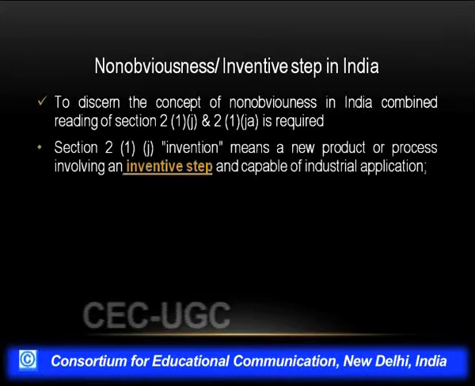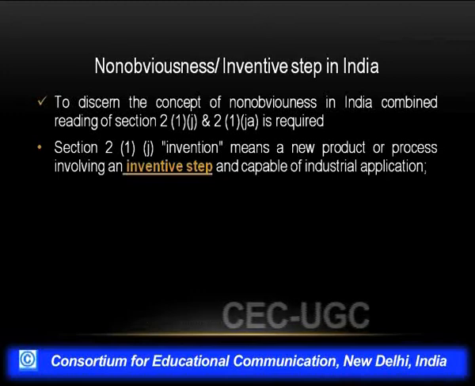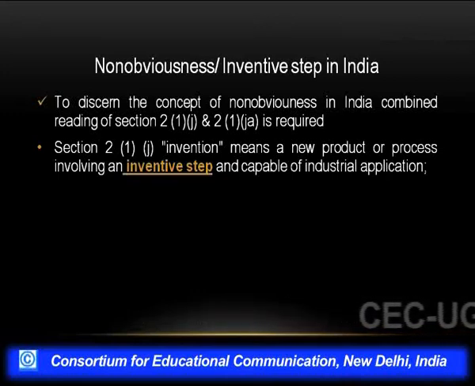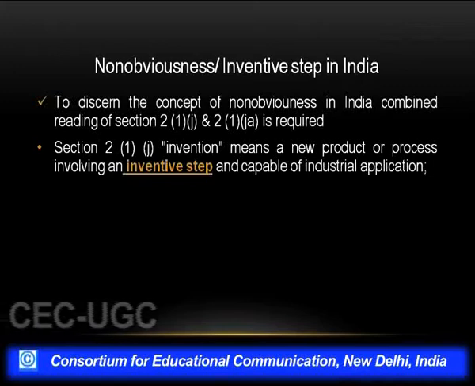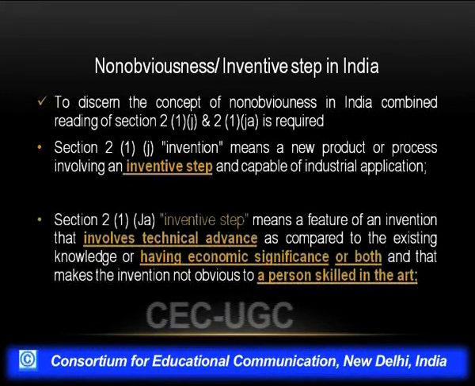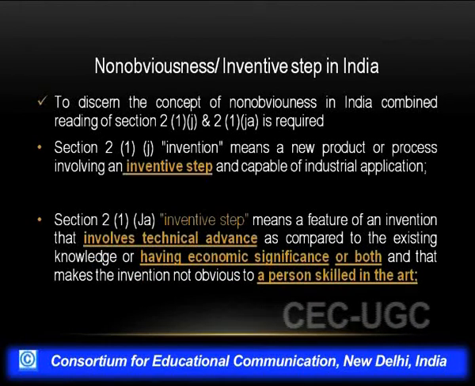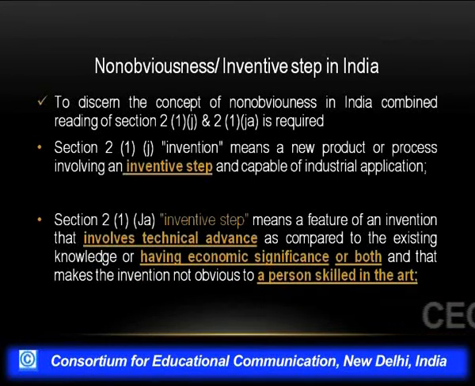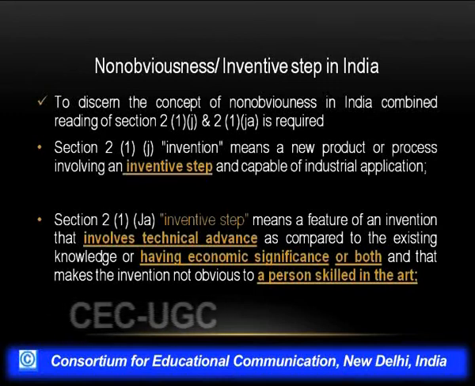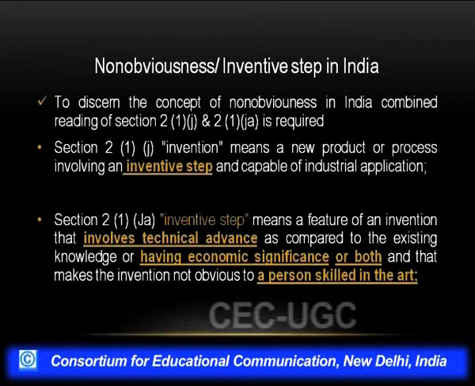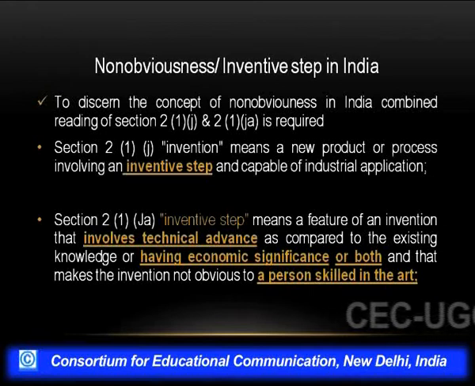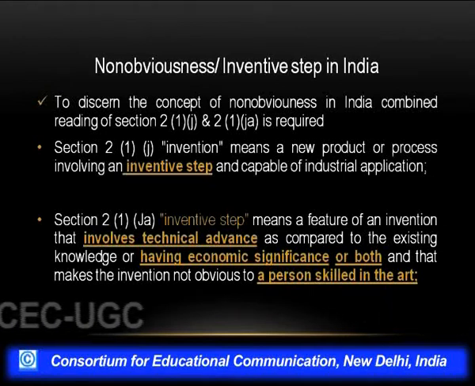As demarcated by me in a different color in this slide, inventive step is one of the requirements posed by section 21J, and this is further explained under section 21JA, which reads a feature of an invention involving a technical advance as compared to the existing knowledge or having economic significance or both, and that makes the invention not obvious to a person skilled in the art.